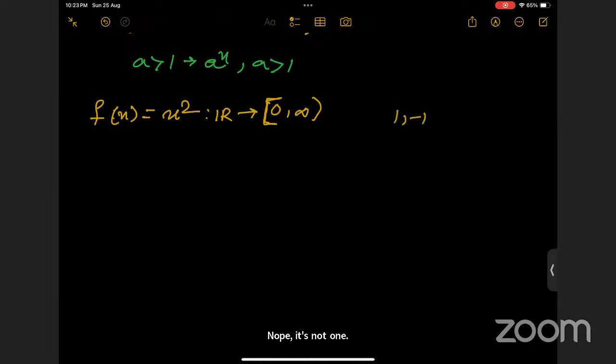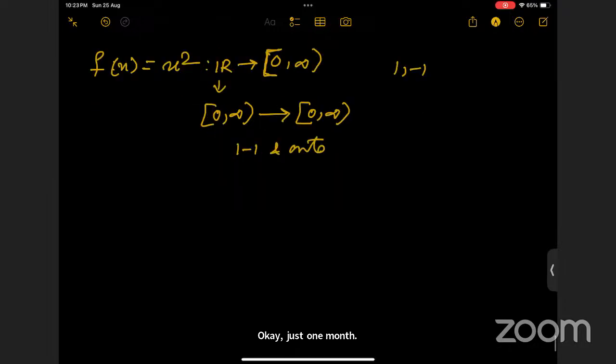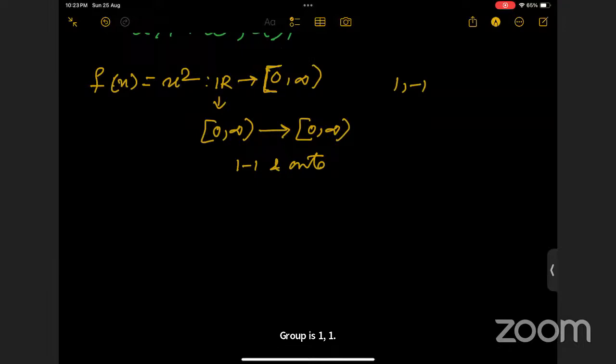So suppose we restrict the domain to 0 to infinity. Okay. Suppose this is our new domain and this is our new codomain. Then it is onto and it is one-one. So the inverse exists, right? Suppose we don't know what the inverse is.